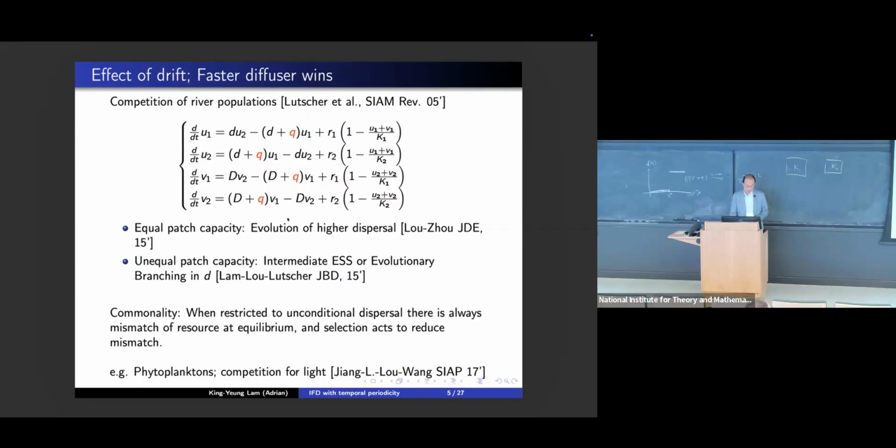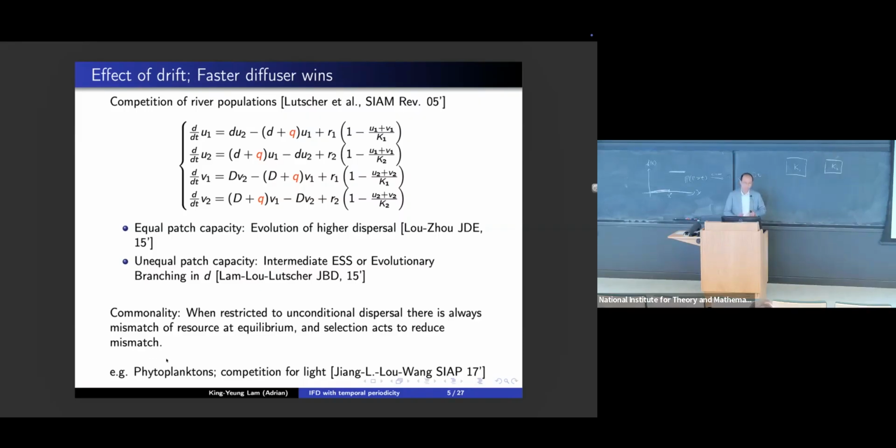Supposing the patch capacities are equal, one can show there's a selection for higher dispersal, so a faster diffuser can invade. In the case of unequal patch capacities, one can show an intermediate diffusion rate is selected, or if you have three or more patches, you can show evolutionary branching. But I think the commonality is that selection acts to reduce the mismatch of resource.